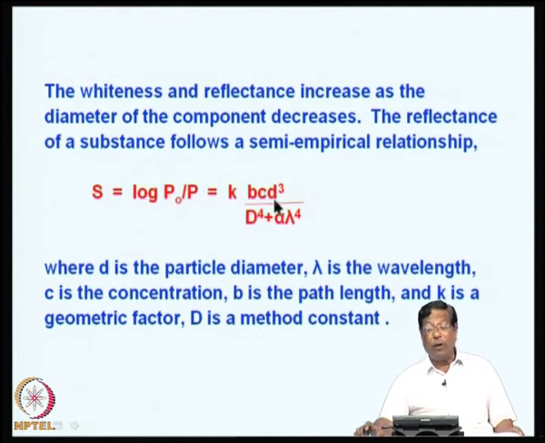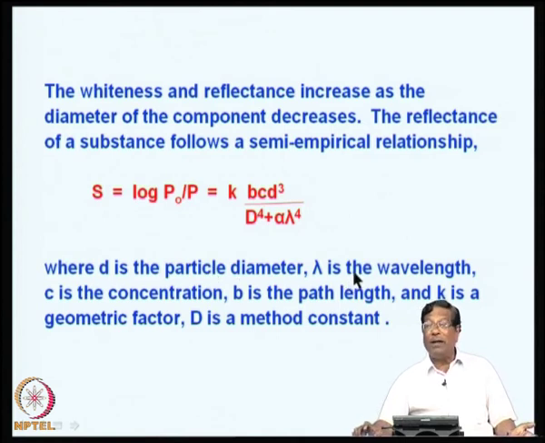If you consider all the aspects, you can arrive at a general semi empirical relation like this: S is equal to K into B C D cube divided by D raised to 4 plus alpha lambda raised to 4. Now, generally consider all these parameters. D represents the particle diameter. The smaller the particle, the higher is the reflectance.